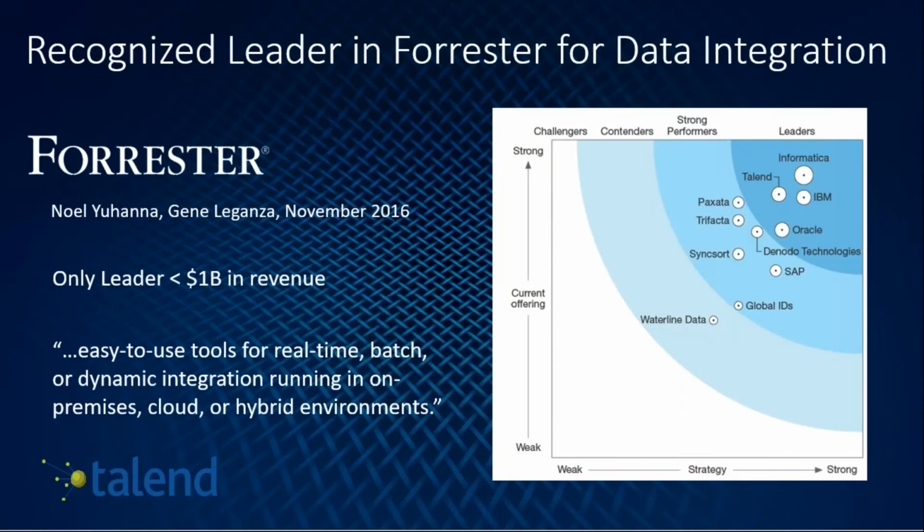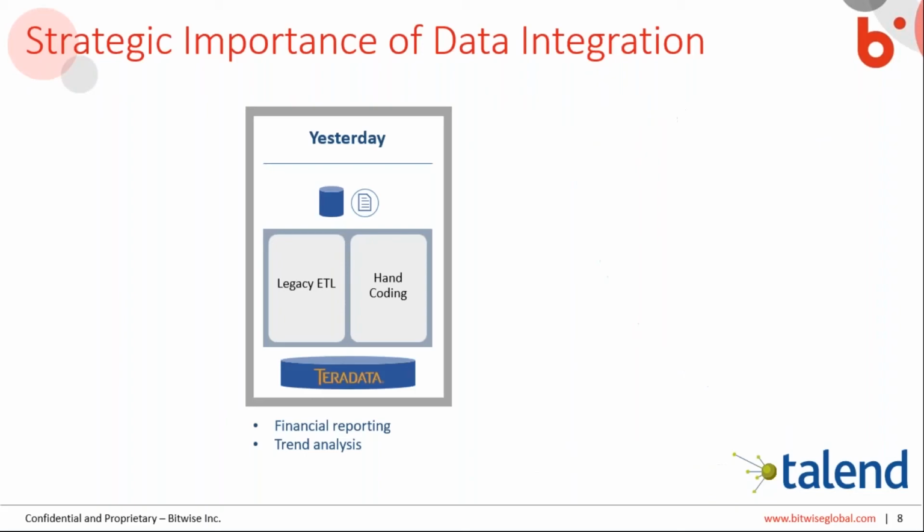The other platform that has us in the leaders quadrant was Forrester, and notice that we are the only vendor in the leader space that has less than $1 billion in revenue. And in 2016, we were the only vendor to move into that space, and no one had moved in there in 5 years.